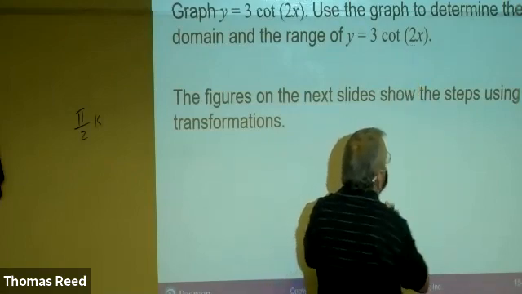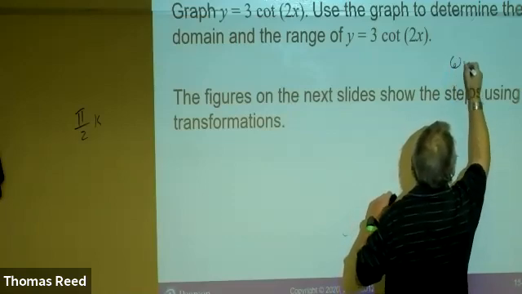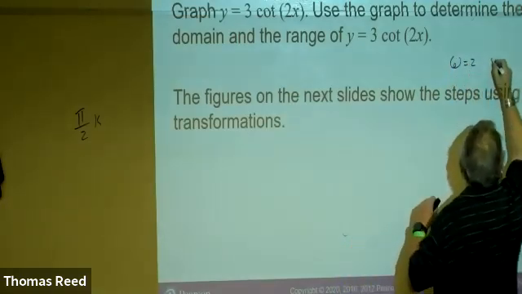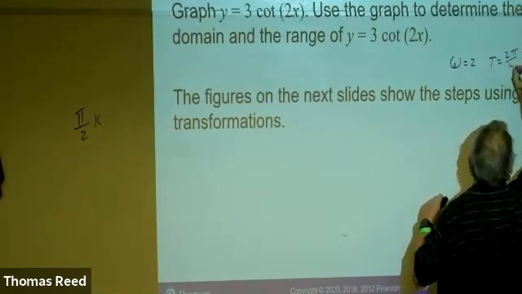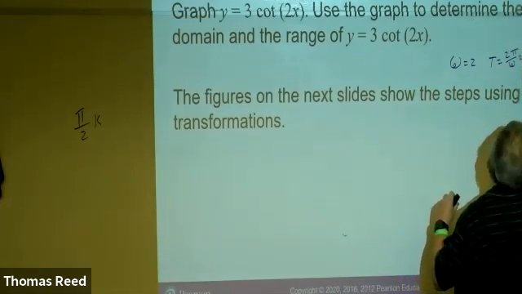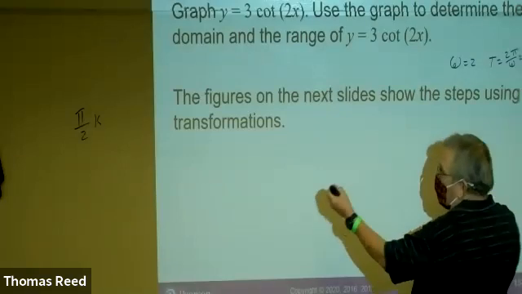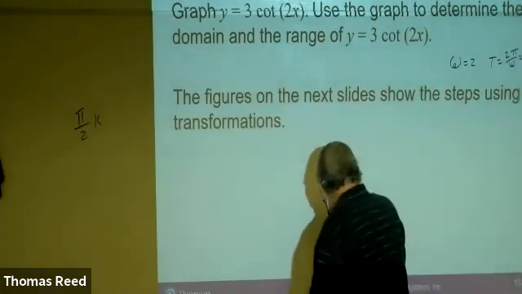With omega equal to 2, our new period is going to be 2 pi over omega, which is 2 pi over 2, which is pi. So this was a compression. No, I'm sorry.